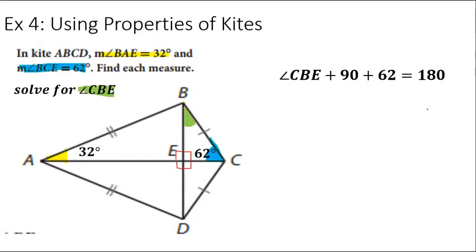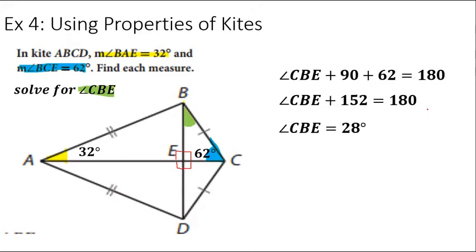So if we add up 90 and 62, it gives us 152. We subtract 152 from 180, and that gives us 28 degrees. Okay, so that just means that 28 degrees will go in that angle right there.